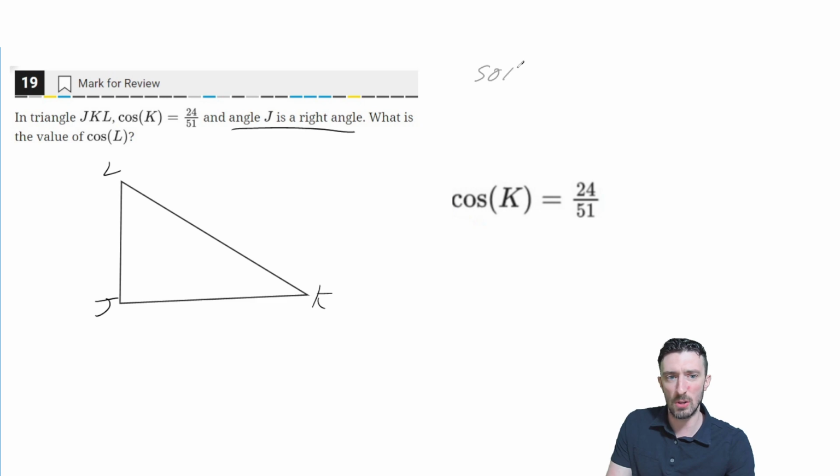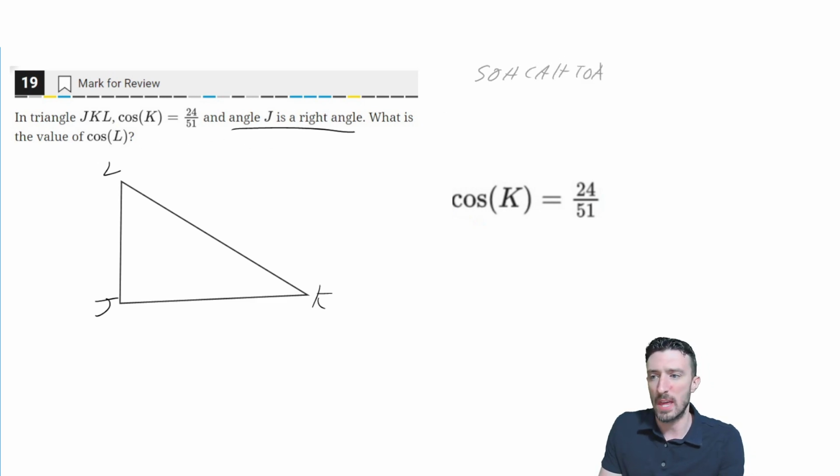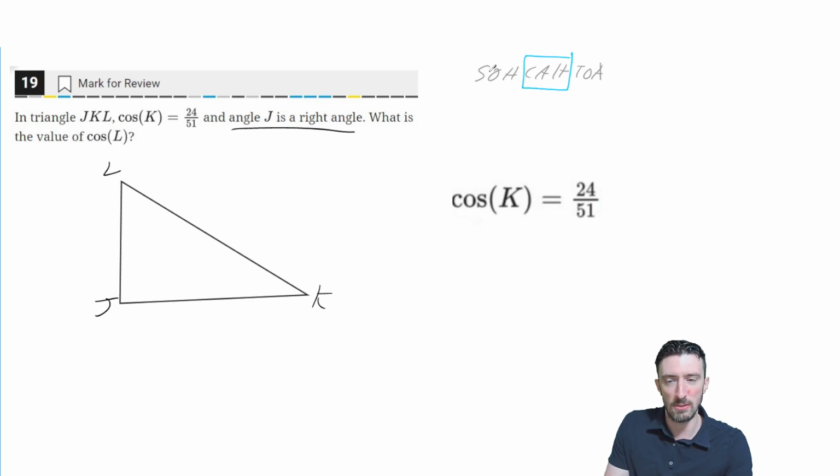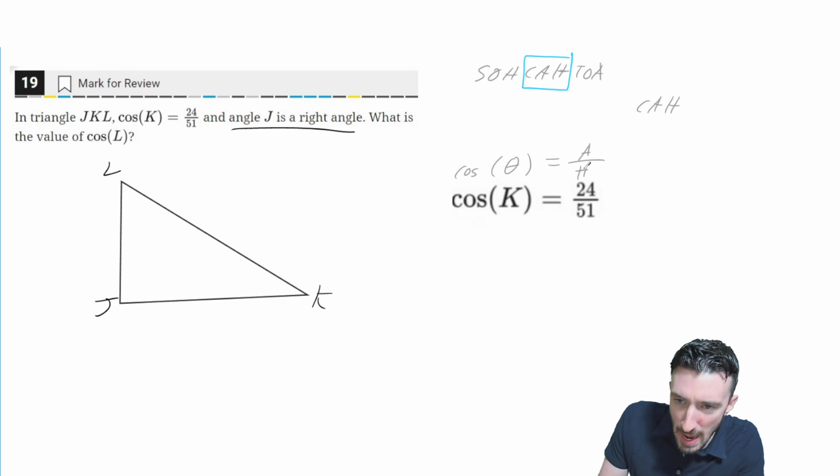Well, what does SOH CAH TOA say? She says that if you have a cosine, you got yourself a CAH. And what does the CAH tell you? Well, it tells you that the cosine of whatever your angle is equal to the adjacent over the hypotenuse.